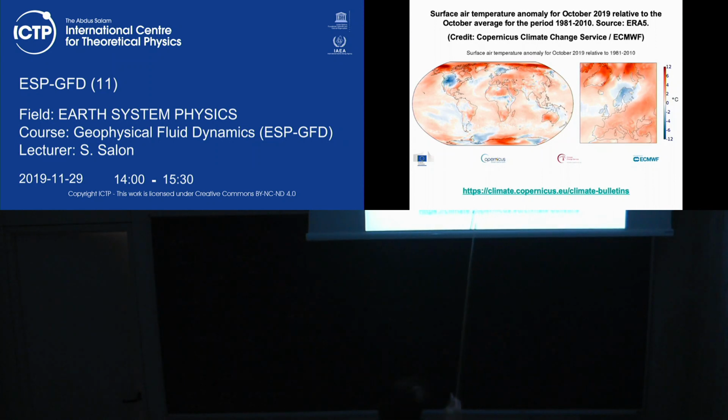We have something in Africa, for example, with a couple of degrees less, in Scandinavia and in Western Canada and the US. This is a snapshot, a zoom over Europe.